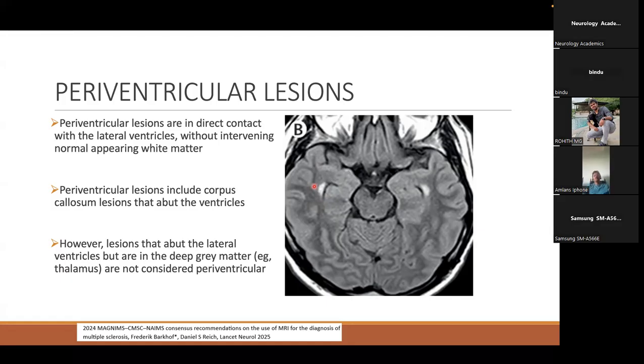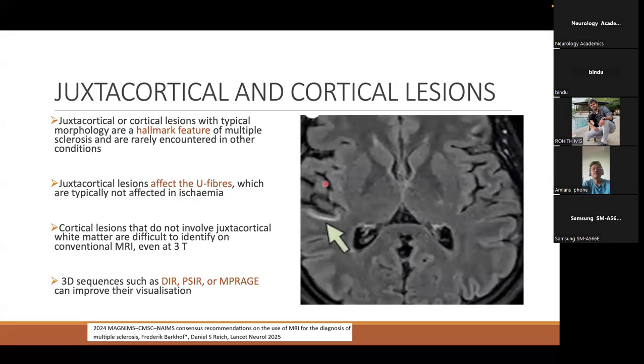However, lesions abutting the lateral ventricle found in the deep gray matter are not considered periventricular. So here we can see in the inferior temporal lobe a small ovoid lesion abutting the lateral ventricle, which is typical for MS. Only the lateral ventricle is considered for periventricular lesions.